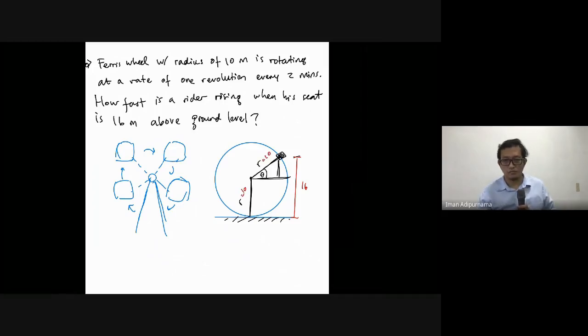Okay. Let's say I have 8 here. So the question is asking this H, okay? Or maybe you want to define the height from here. The height is also okay. But the question is asking how fast is this H changing?